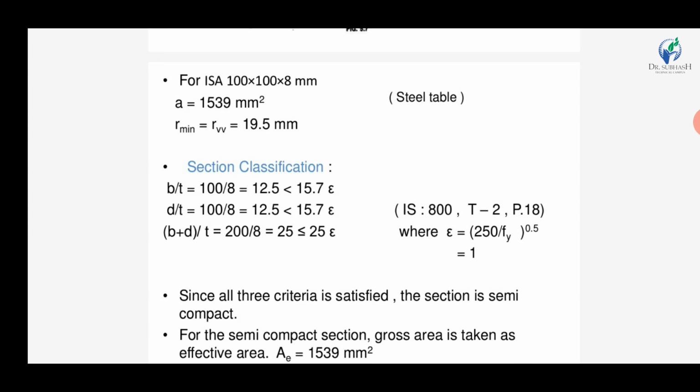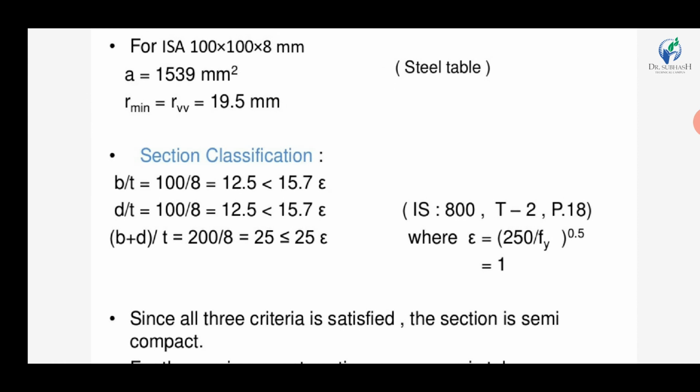In our case the equal angle section is given, so B and D, both leg widths, are the same. B by T is 100 by 8, which is 12.5. D by T, 100 by 8, is also 12.5. B plus D by T is 25. So according to table number 2, B by T is less than 15.7 epsilon, D by T is less than 15.7 epsilon, and B plus D by T is less than or equal to 25 epsilon.